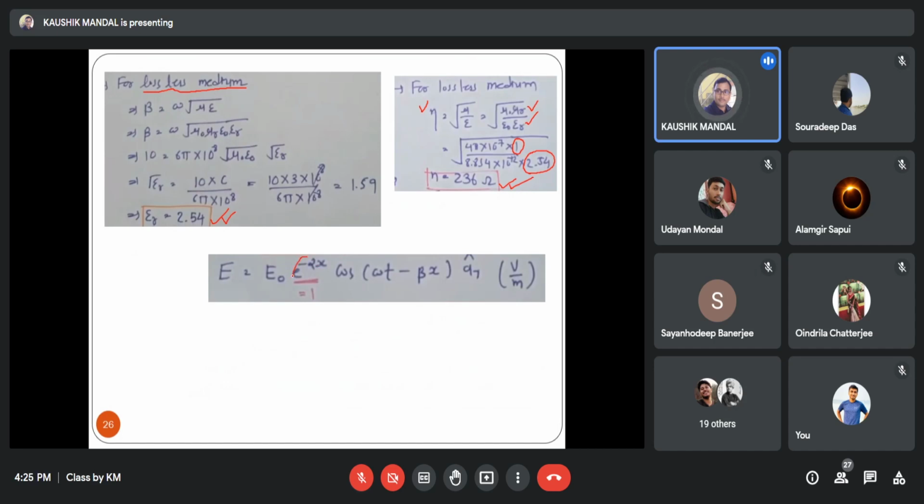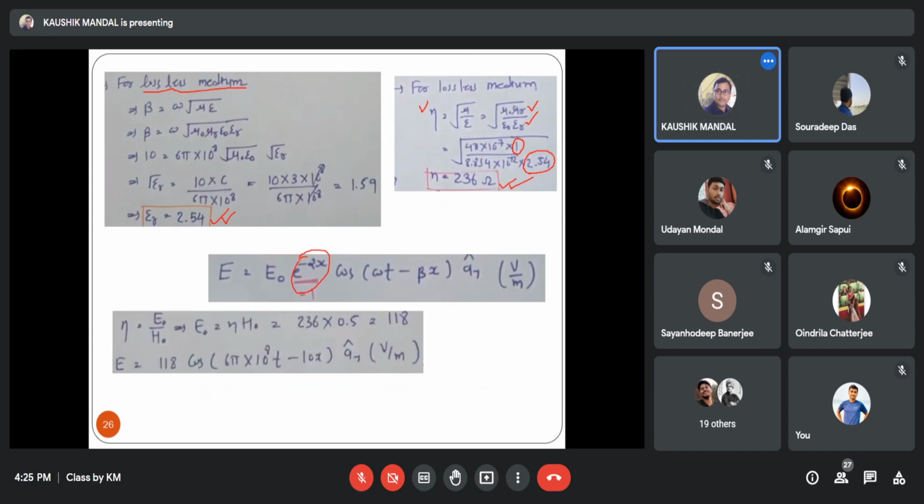Now this term is 1 as it is a lossless medium. So only you have to find out this value of E0.